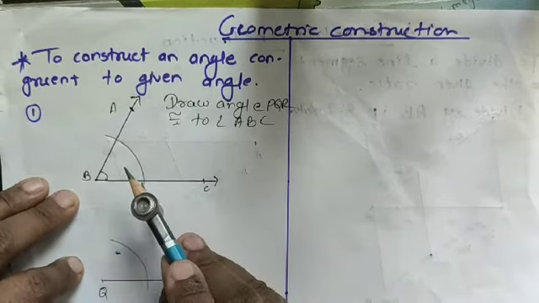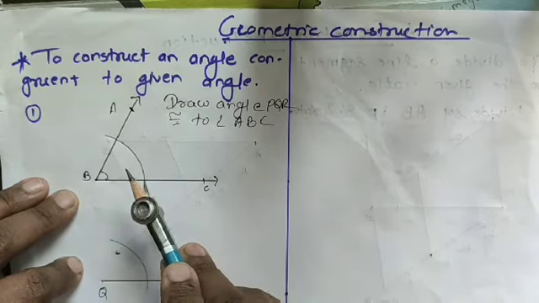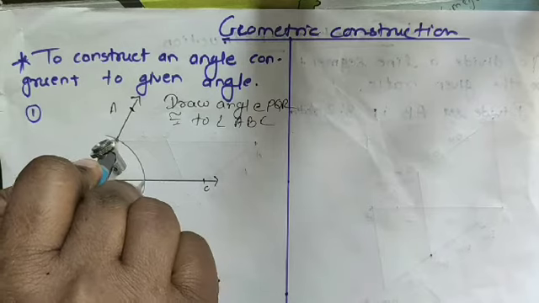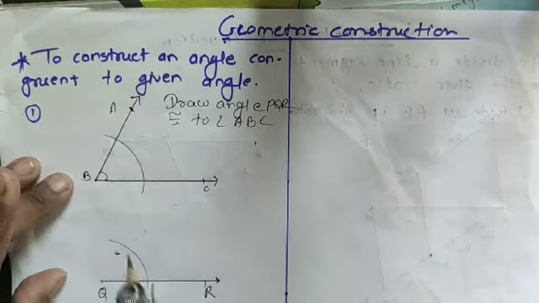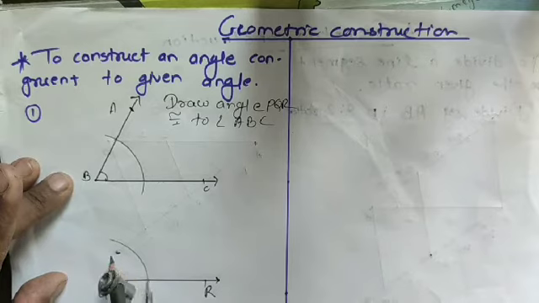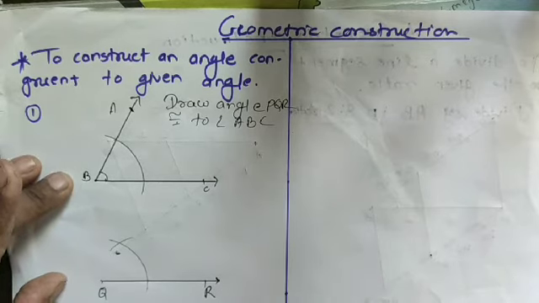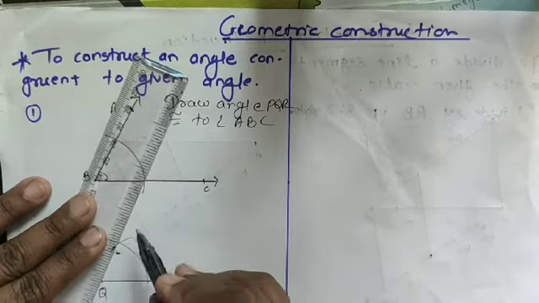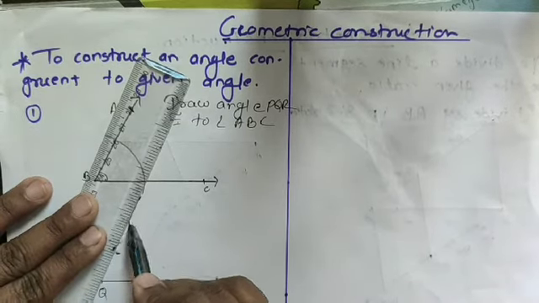Now take in your compass the distance between the intersection points on the arc, and from the point I took here, draw the arc which intersects the first arc. And now draw this angle.